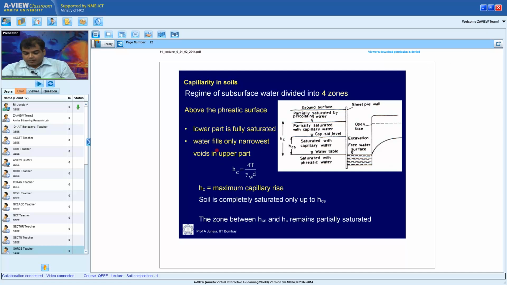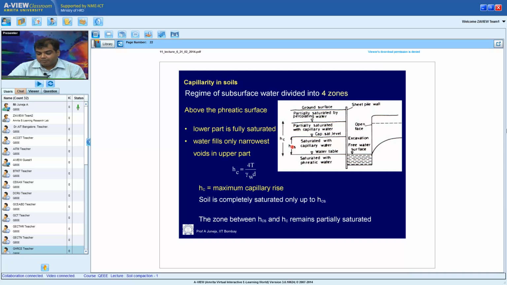So you can go home and go through this slide, which shows that the water will only fill up wherein there is continuity in the voids, or it will fill up only the narrowest voids. So I have a new height which is HCS.